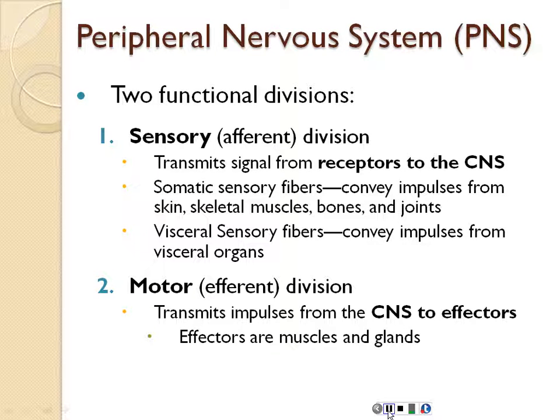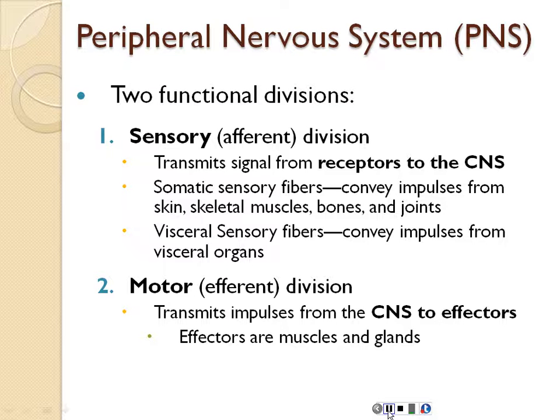And then you have the motor division, just the word motor. If you think of anything having to do with the body that says motor, something should jump out at you. Movement. Okay, so movement of the body involves what? What are the main things of the body that control movement? Muscles. Okay, so the motor division has to do with signals to muscles.